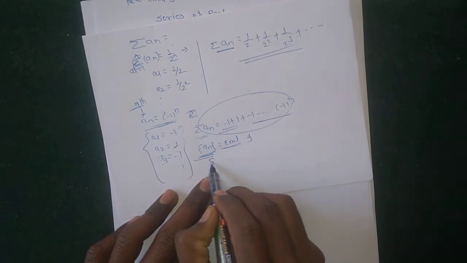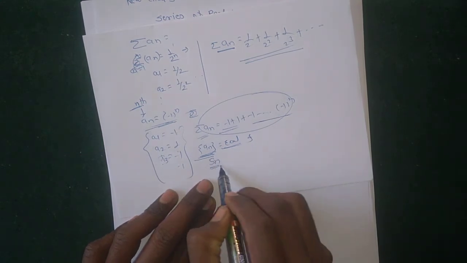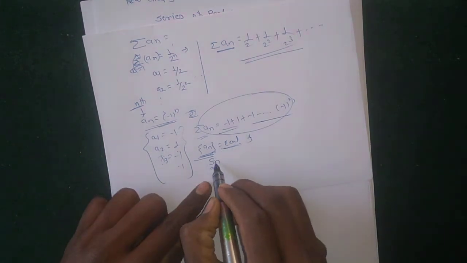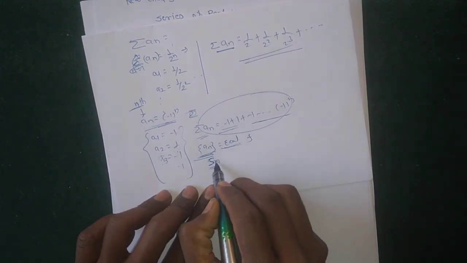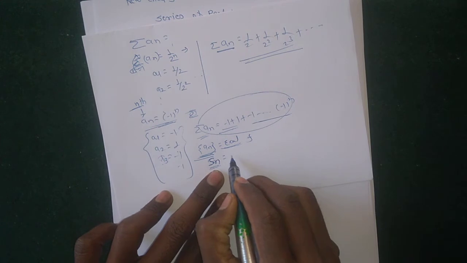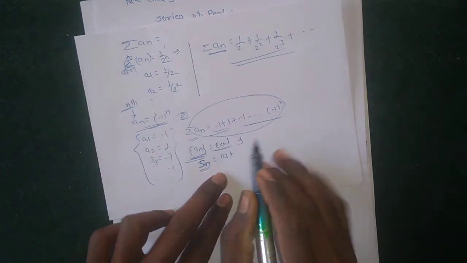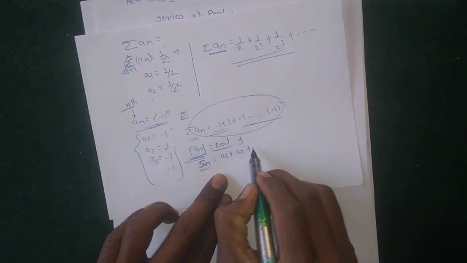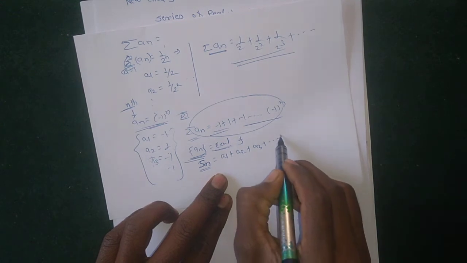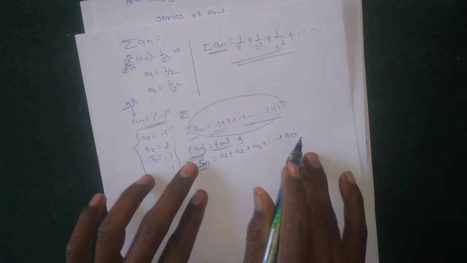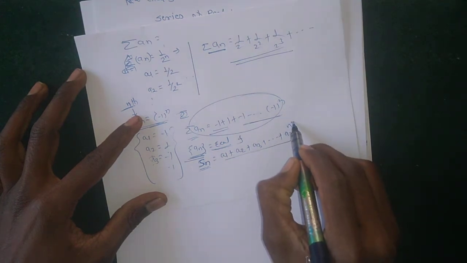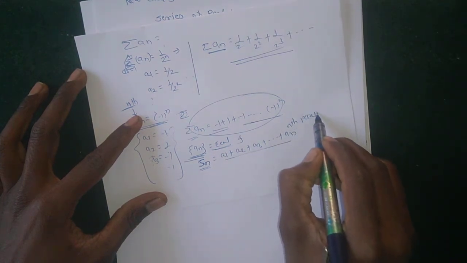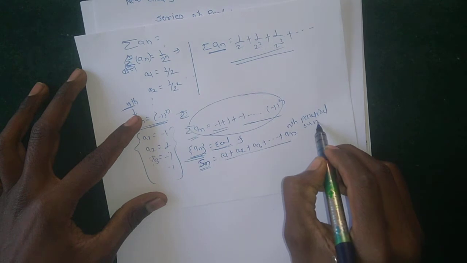The partial sum we denote by sn, or whatever the notation may be. Here sn is equal to the nth partial sum, a1 plus a2 plus a3 and so on up to an. This is called the nth partial sum of the series.